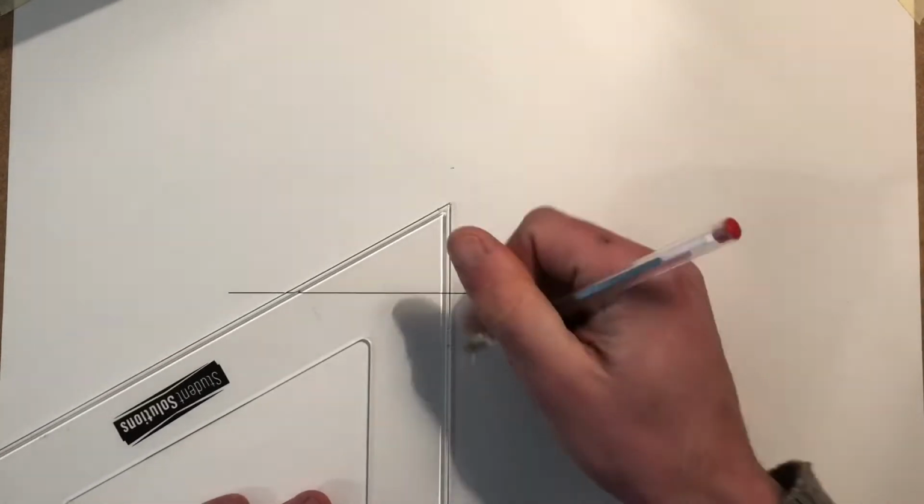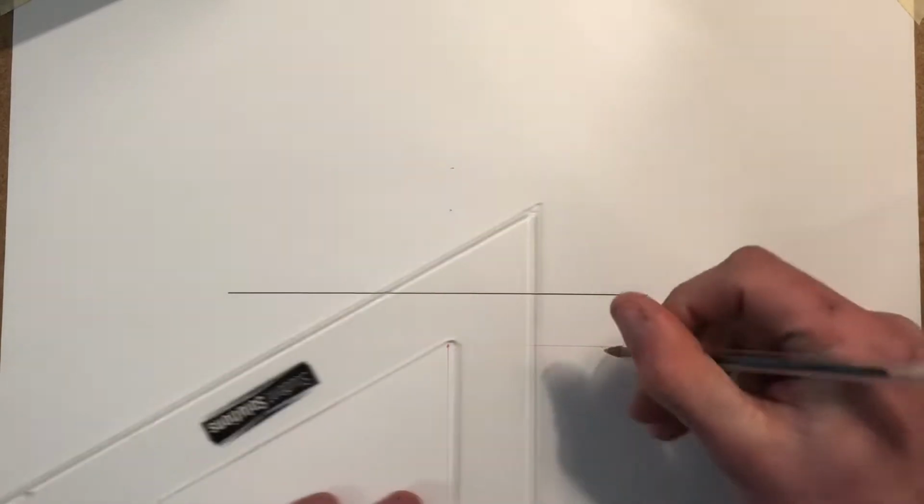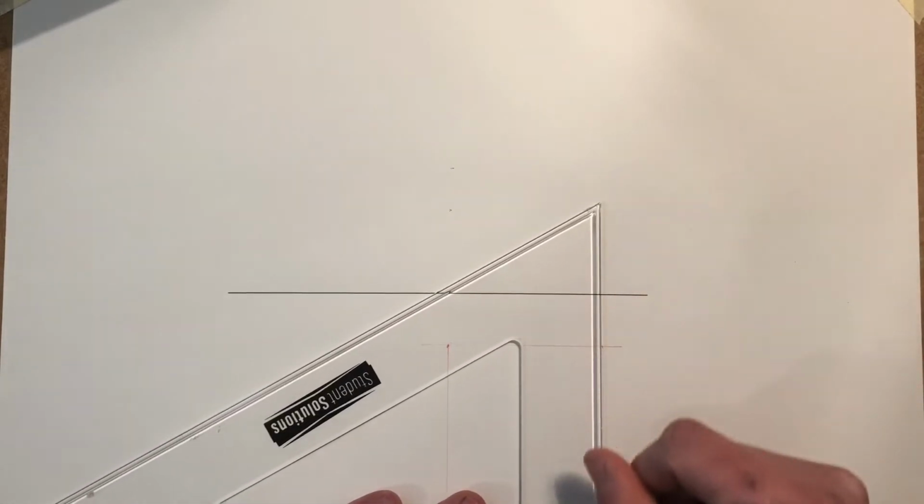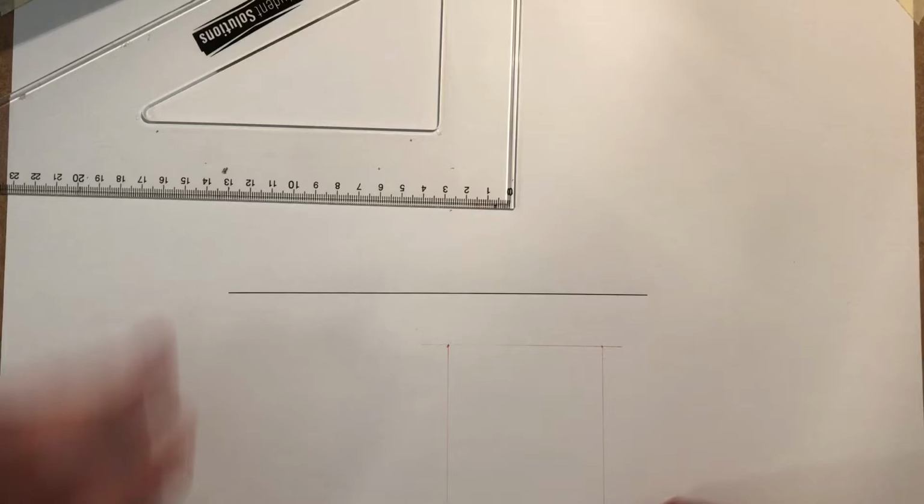70 by 70 box. Okay, so the red pen is on my light lines. And we use black then for our heavy lines.